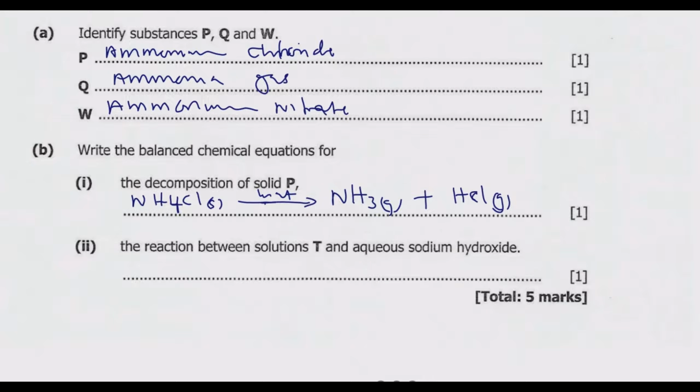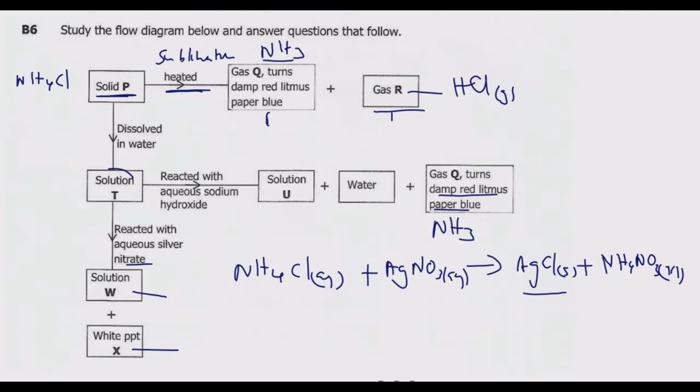Then Roman numeral 2 of B, the reaction between solution T and aqueous sodium hydroxide. So what is solution T? Solution T is this one.